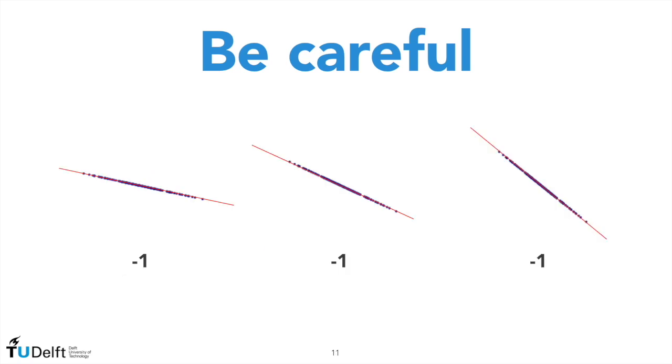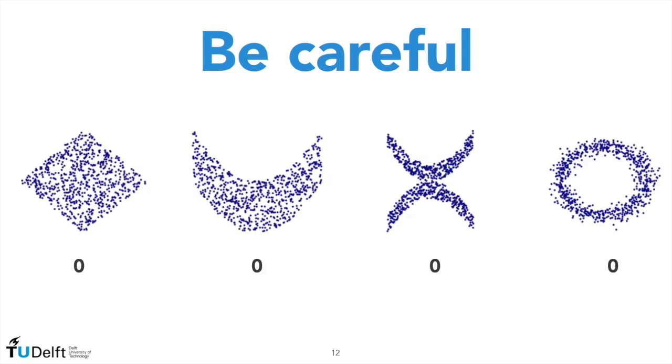The fact that correlation is not a measure of the slope is even more evident in the three plots you see on your screen. In all the three situations, we have a correlation of -1, that is to say, perfect negative linear dependence. All the observations are always on the straight line, but it's clear that the slope is not the same.